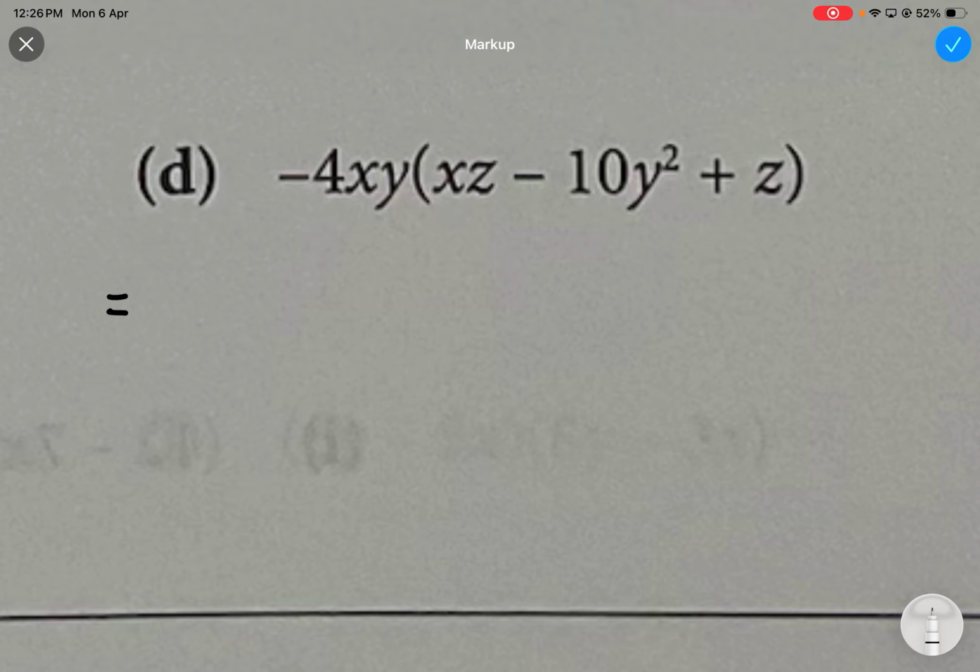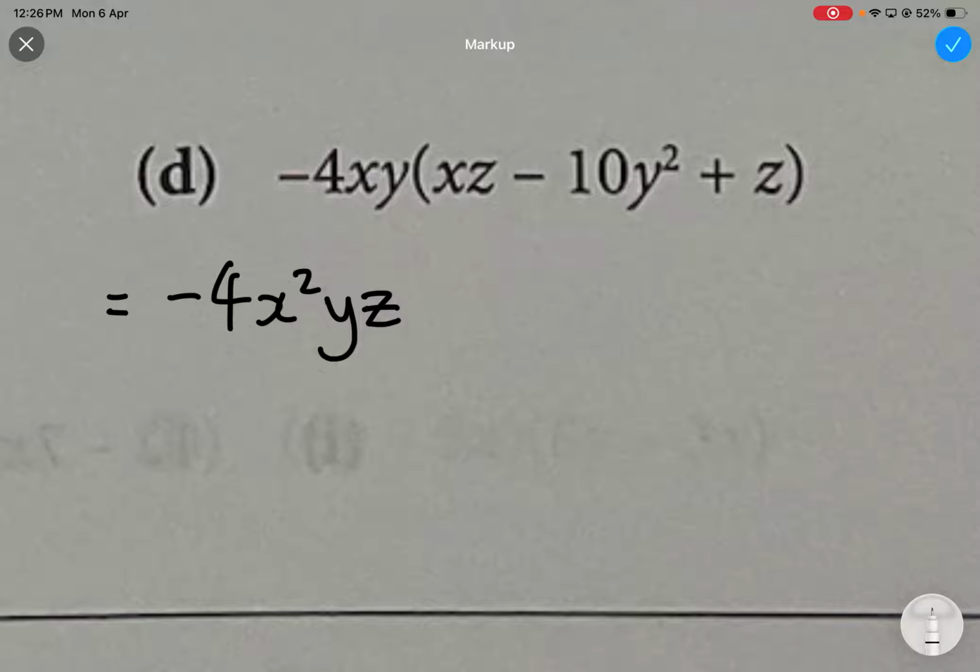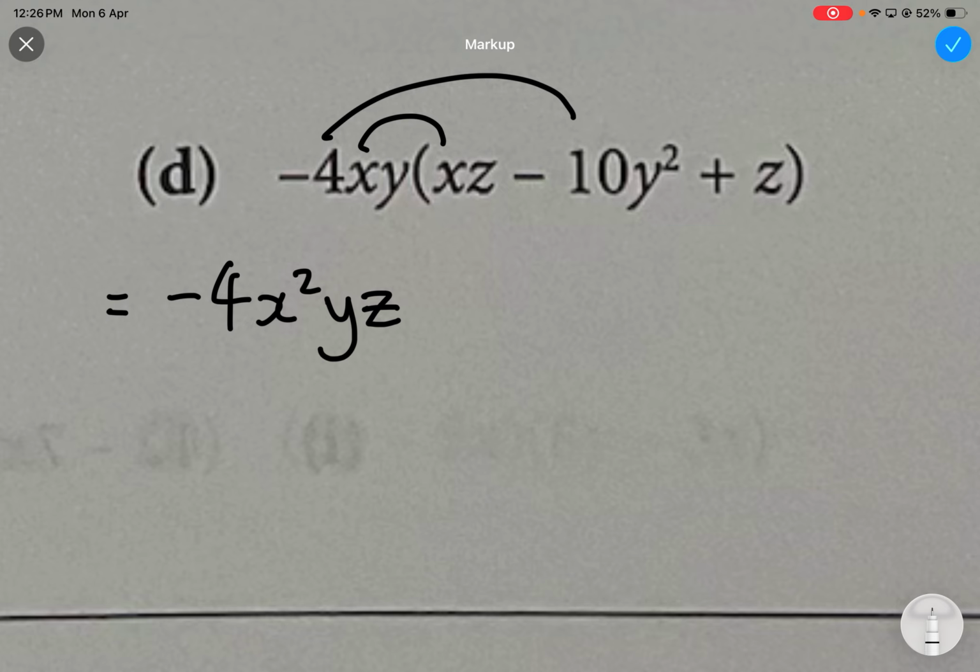Same. Minus 4xy must multiply all these three terms. Negative times positive, negative. 4, x times x, x squared, times y times z. Okay? First term. Then second term, negative times negative becomes positive. 4 times 10, 40x.